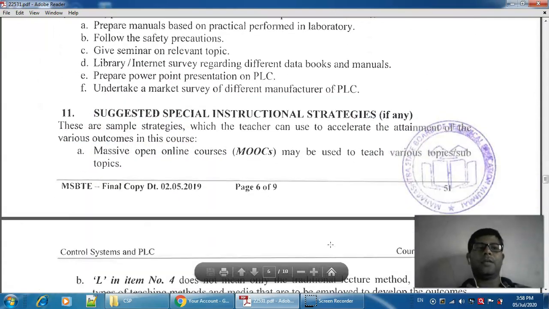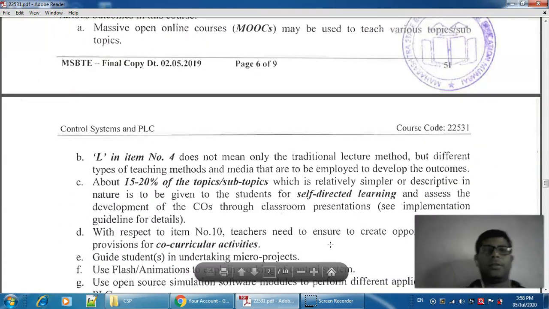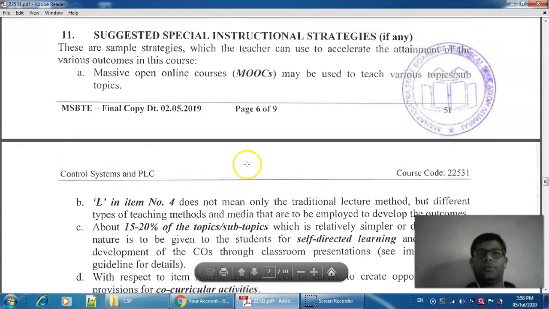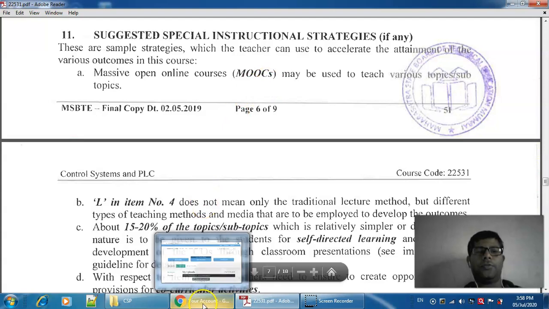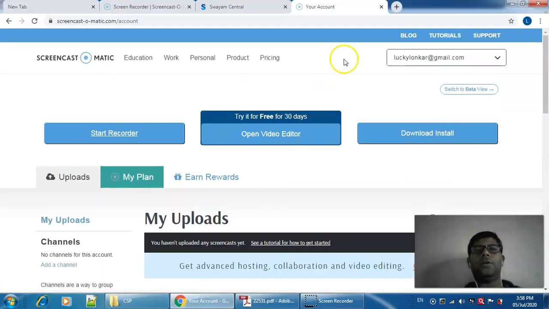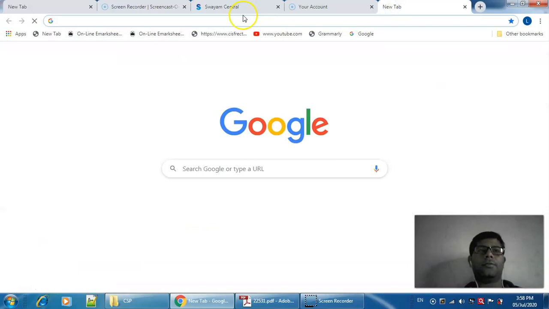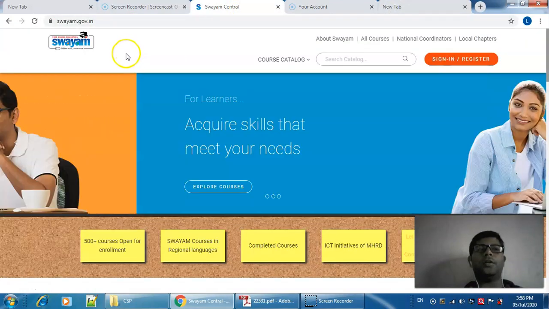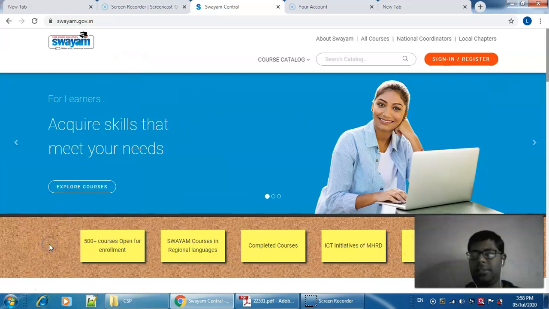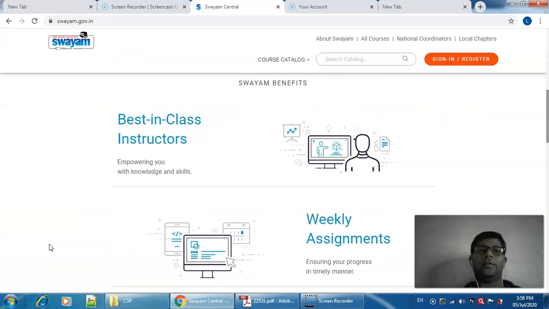Then there is a list of suggested special instructional strategies. Here I would like to suggest Massive Open Online Courses, MOOCs. I will show you. If you click on swayam.gov.in, you see, this is the website, and here are the different courses you can learn.